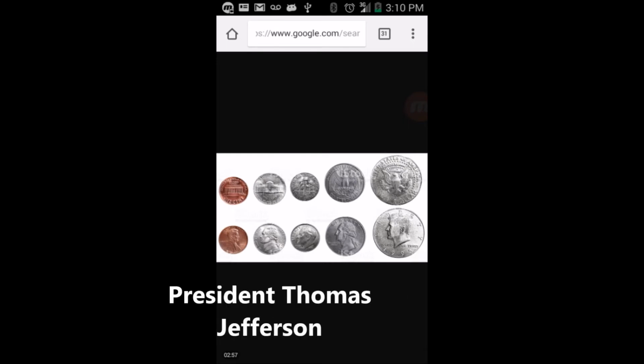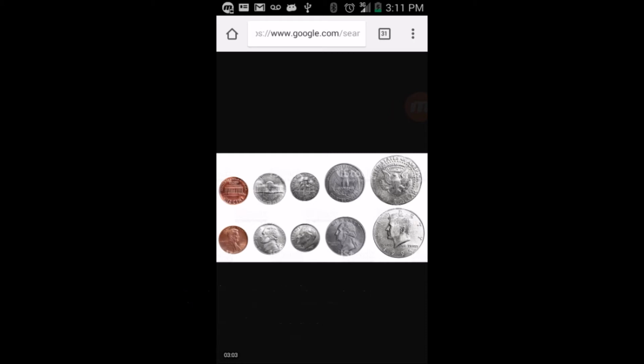And then going on down to 1 cent, you see Abraham Lincoln. Now, guys, I'm not good at calling names of presidents on coins. But if you know these names, then that's what's up.